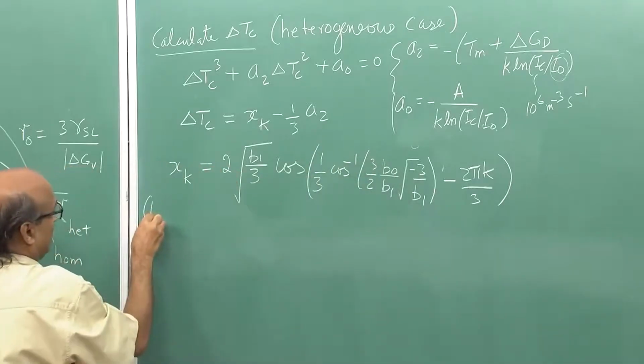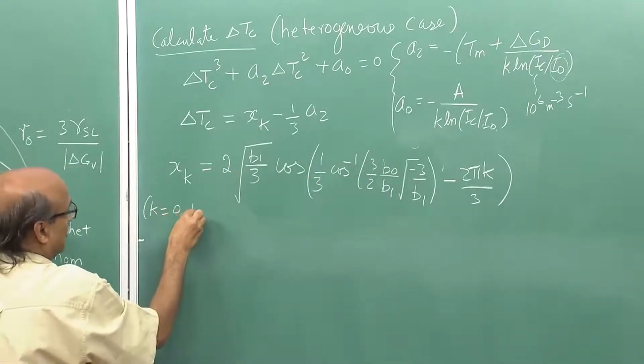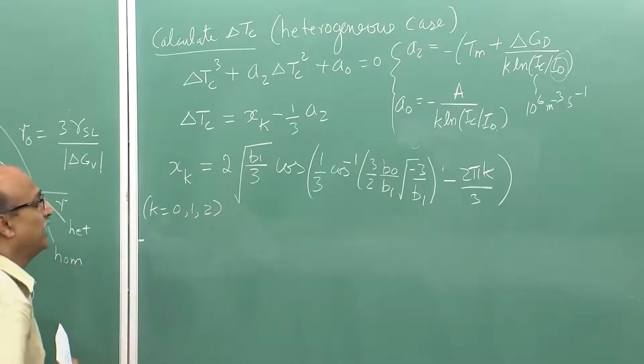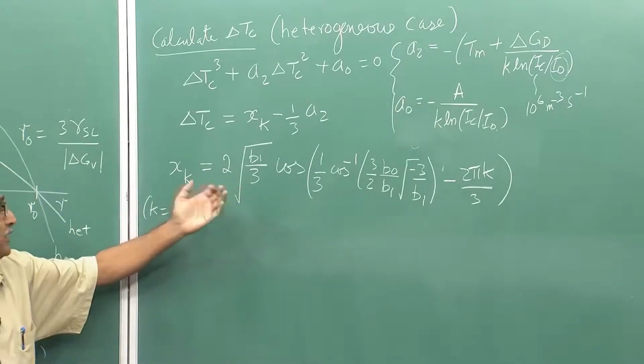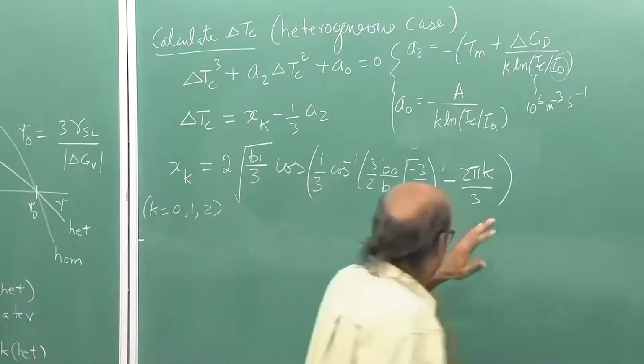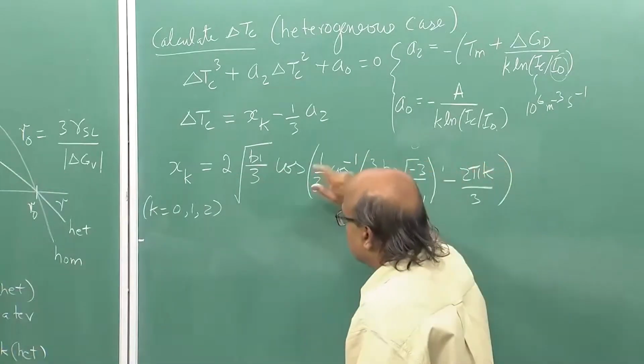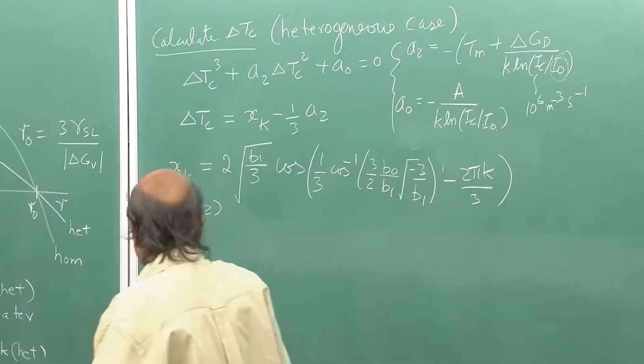This is for k equals 0, 1 and 2, and we pick out that value of k for which it is a feasible value for delta Tc.